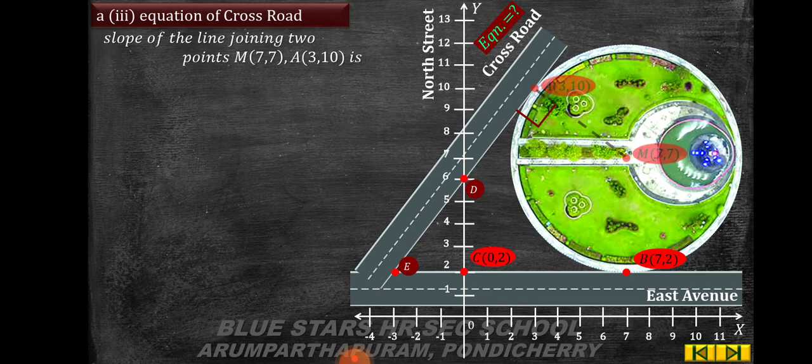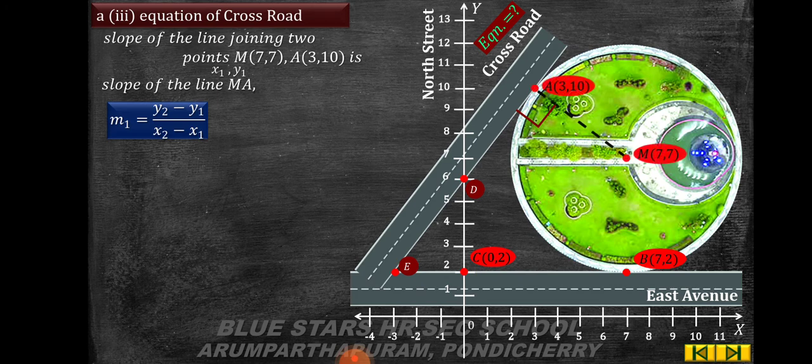So the slope of the line joining the two points M (7, 7) and A (3, 10) is the slope of the line MA, that is m1, equal to the slope formula y2 minus y1 divided by x2 minus x1. Here x1, y1 is 7, 7 and x2, y2 is 3, 10.